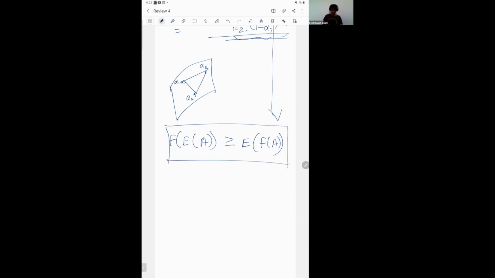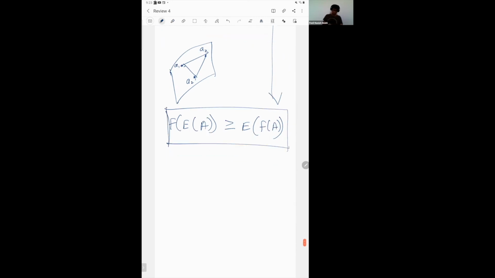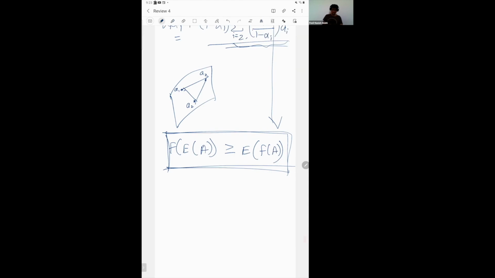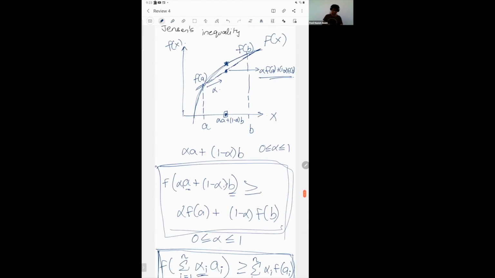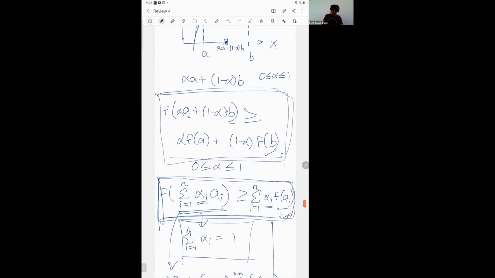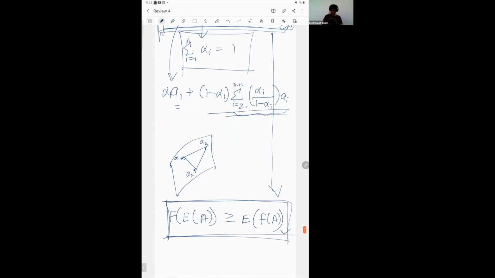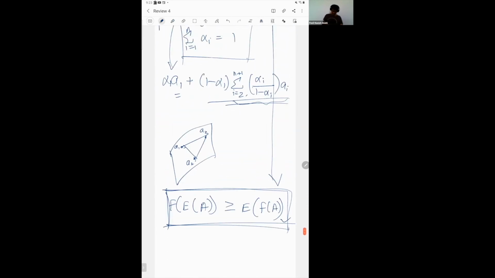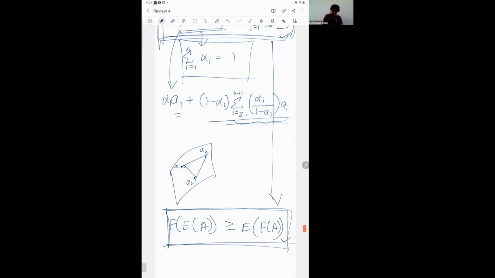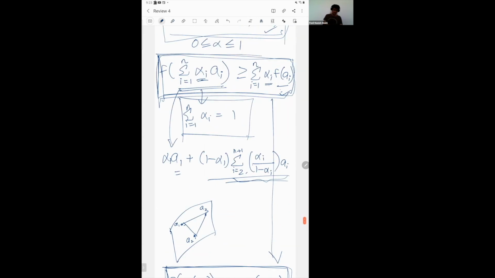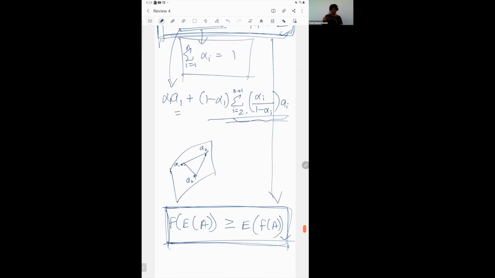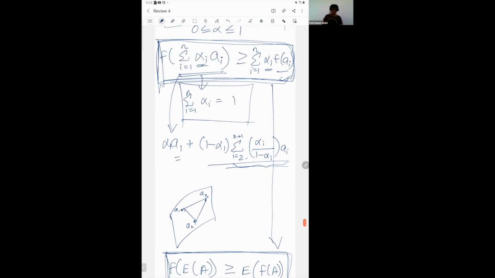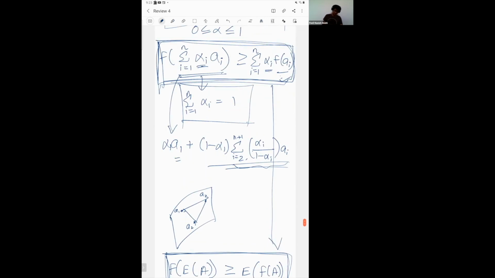This is the form of Jensen's inequality we are going to use, but all of this is simply Jensen's inequality. I proved this statement only for the discrete case, but it also holds true for the continuous case, which I haven't proved, and frankly, I do not even know the proof of that.